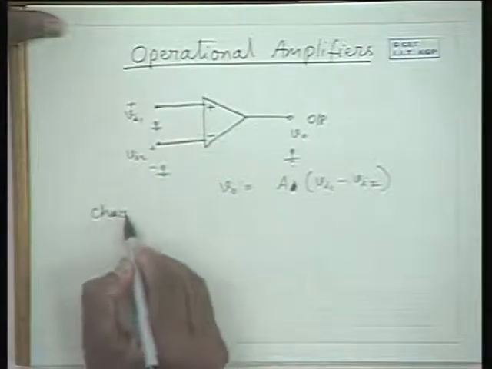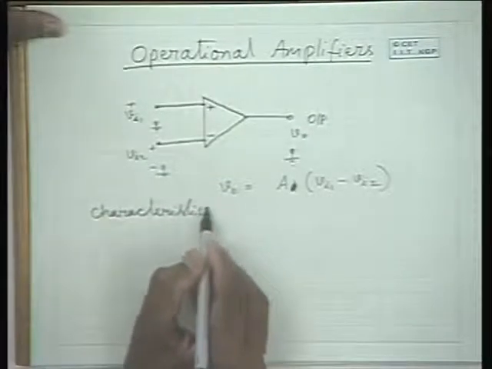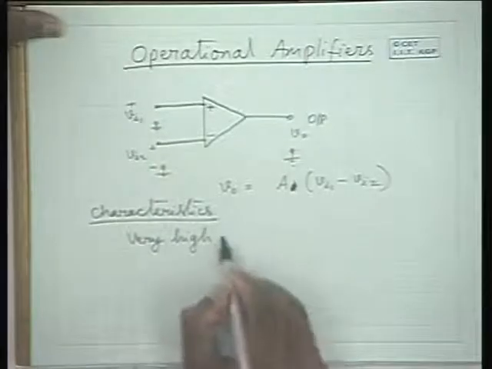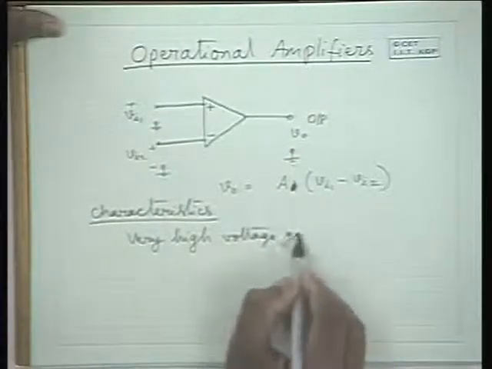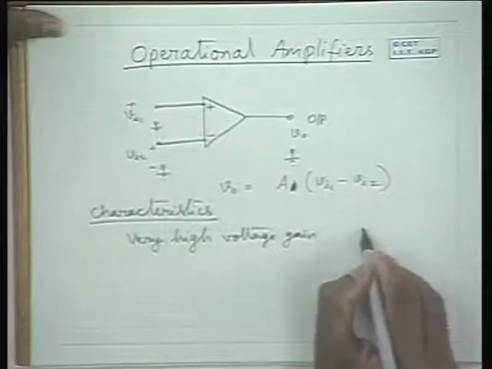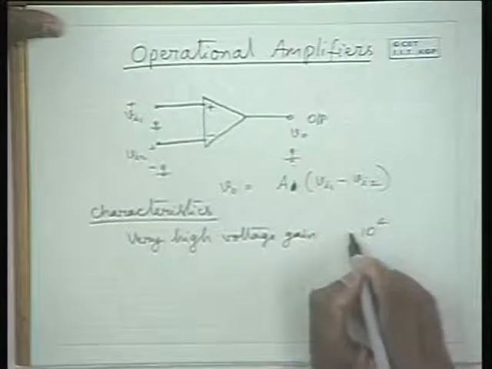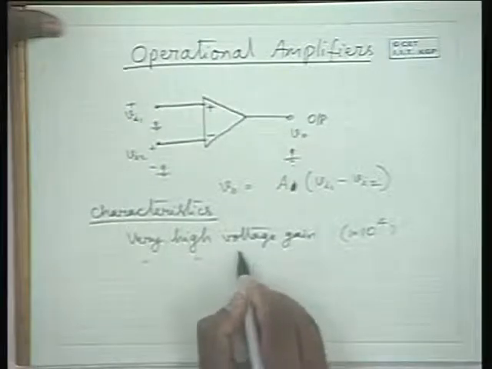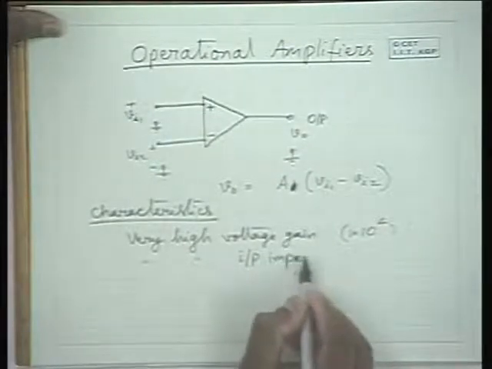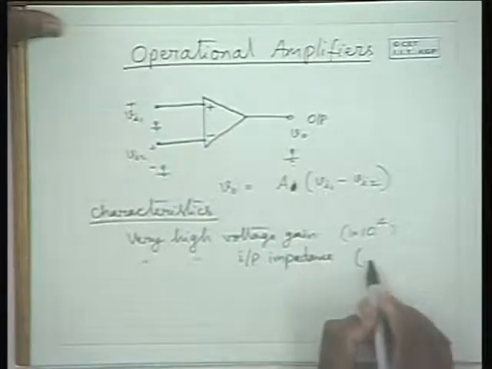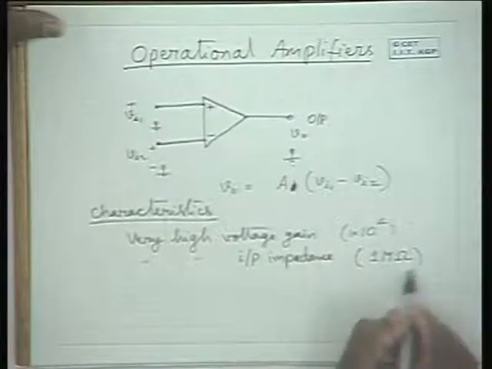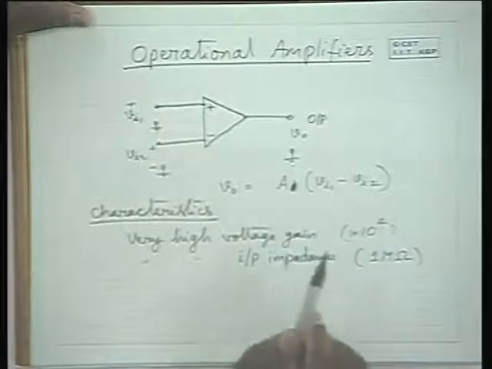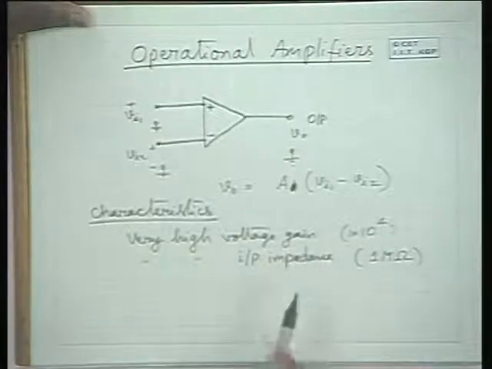So, its characteristics are as follows: very high voltage gain, which is of the order of tens of thousands, very high input impedance, which is of the order of mega ohms, and if you use FET input op amps, it is of the order of giga ohms or hundreds or thousands of mega ohms.